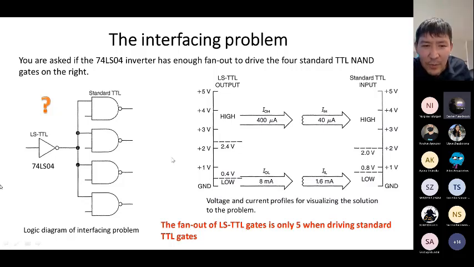Have you understood how you can calculate the fan-out from this kind of diagram? So it's not 10, it's 5. So can this inverter drive these 4 NAND gates? Yes, it can, because it can drive up to 5, and here we have 4.